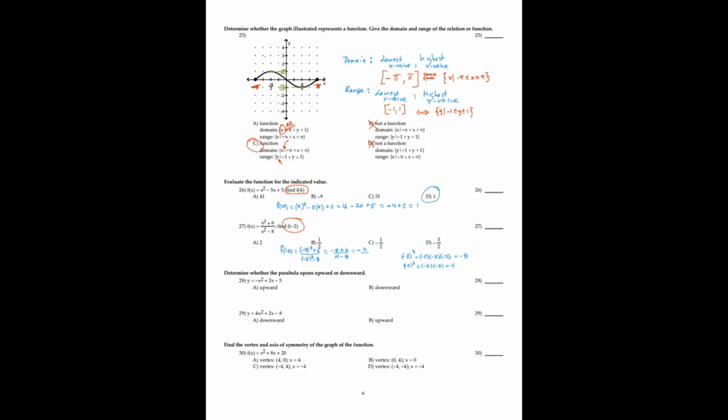Negative over negative, positive. 2 over 4, we simplify. Dividing by 2, 2 divided by 2 is 1. Dividing by 2, 4 divided by 2 is going to be 2. So what is the value here? Positive 1 over 2. So f of minus 2 is positive 1 over 2. Should be answer B here. Do you agree?